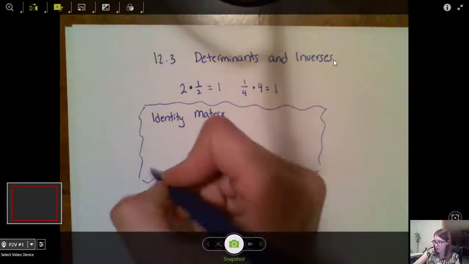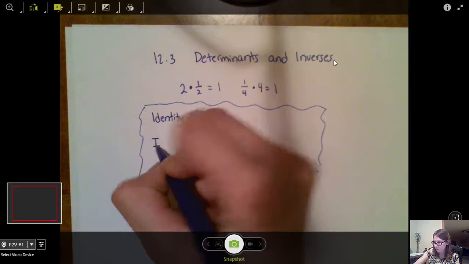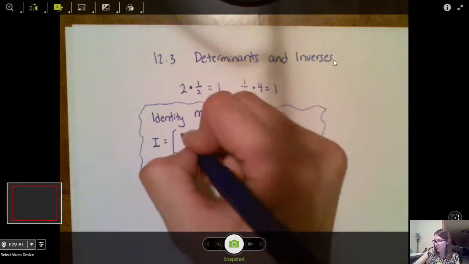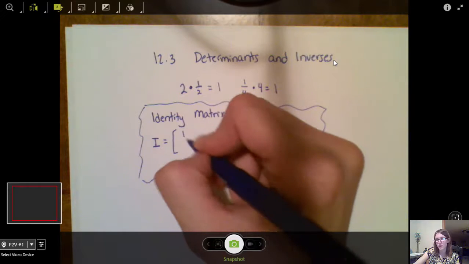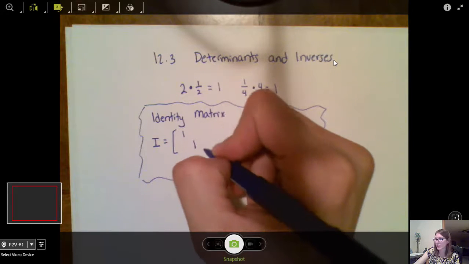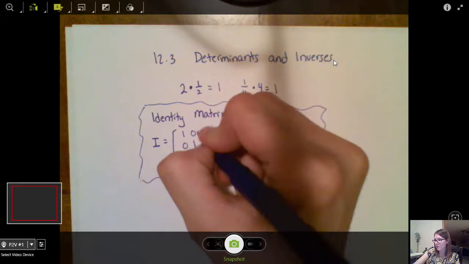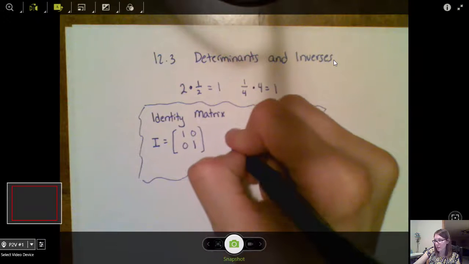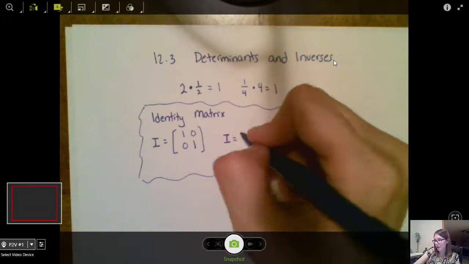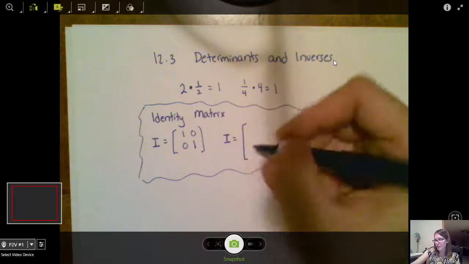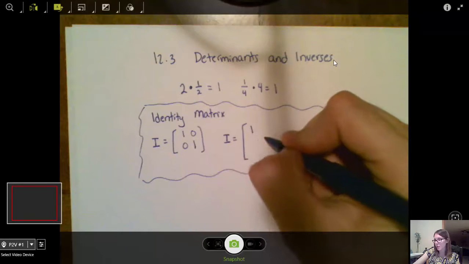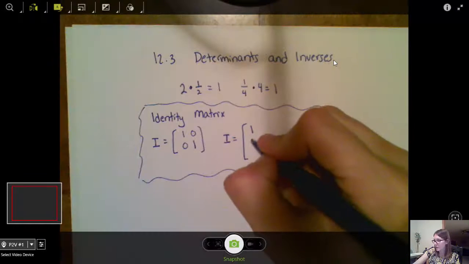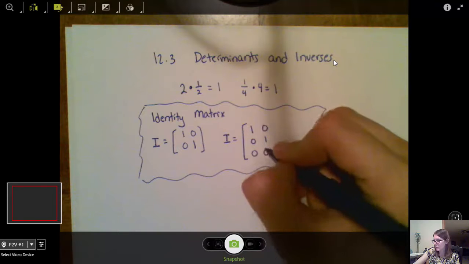The identity matrix, which we call I, if we're talking about a 2 by 2, has 1s starting in the top left corner going diagonally, and 0s everywhere else. Our identity matrix for a 3 by 3 is very similar, just obviously bigger. Same idea, we start off with 1s in the top left corner, working our way down, and then we have 0s everywhere else.